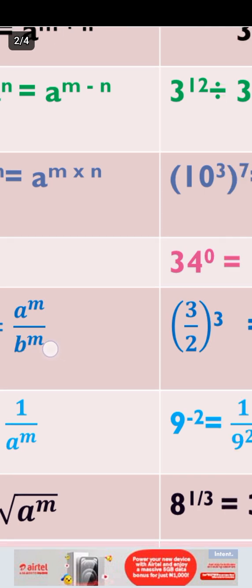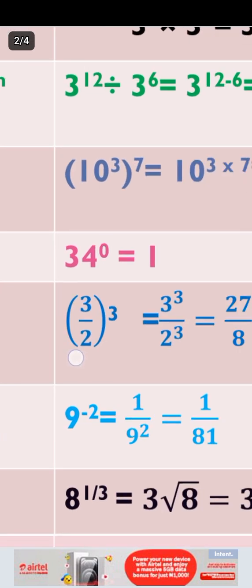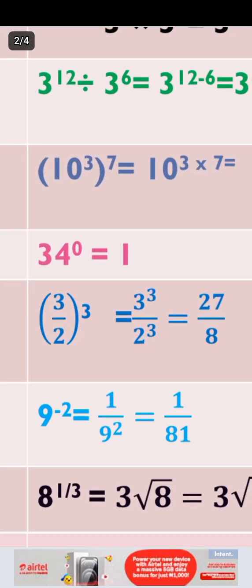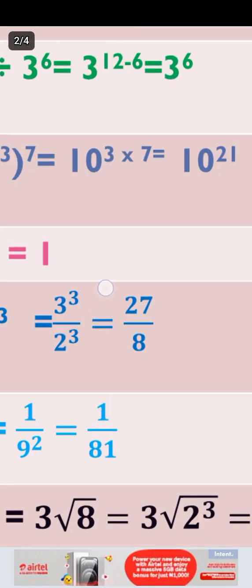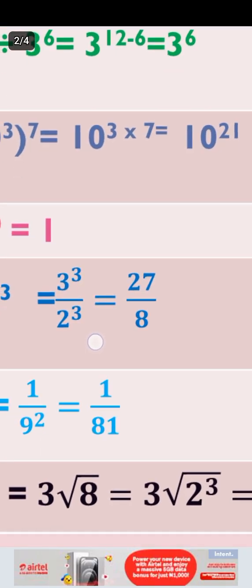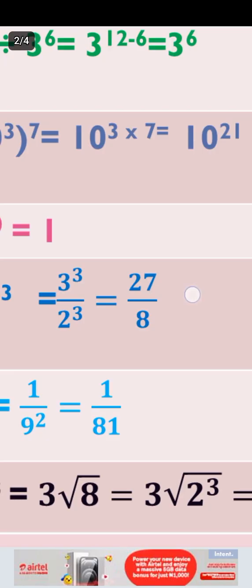Example 1 in this law is 3 over 2, bracket, raised to the power 3. This is the same thing as 3 raised to the power 3 over 2 raised to the power 3, which is equal to 27 over 8.